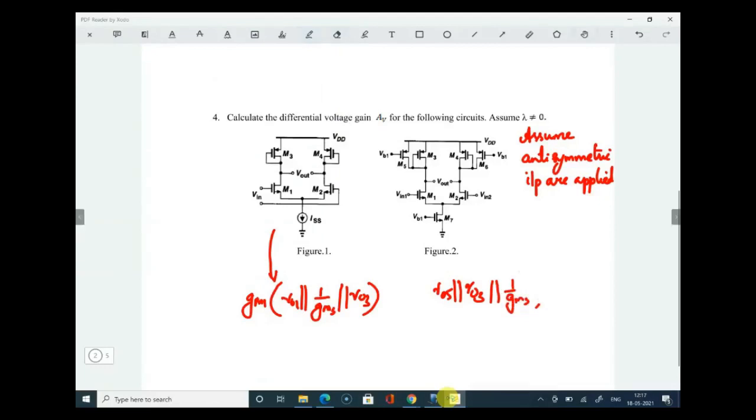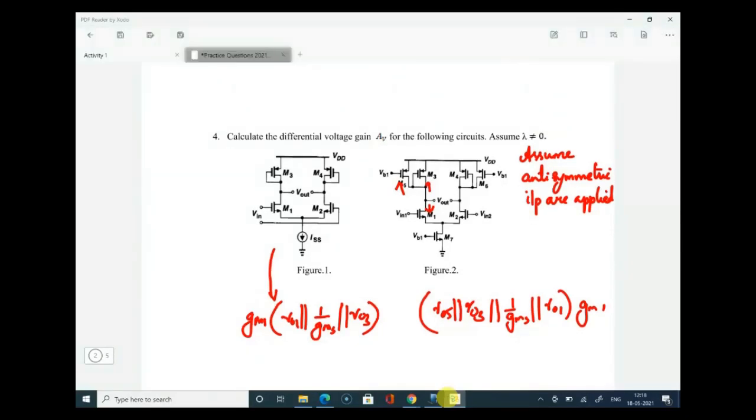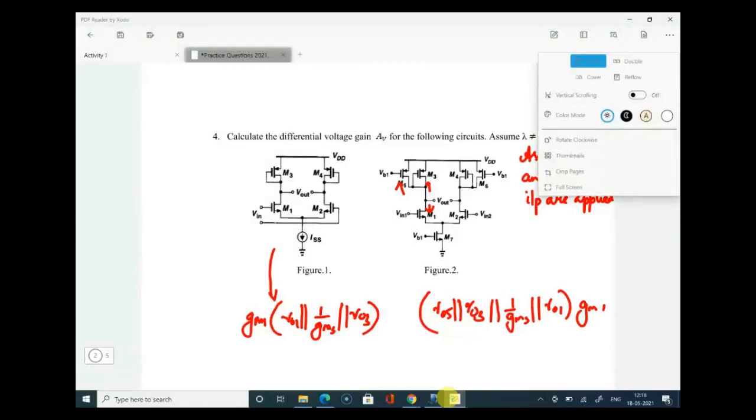Yeah, you have one more resistance here. I think RO1 actually. Is this right? Yes, this is the answer. So it is GM1 into the resistance here: this is RO5, this is 1 by GM3 parallel to RO3, this is RO1. All these things in parallel multiplied by GM1. All right. Yeah, that is the answer for this.